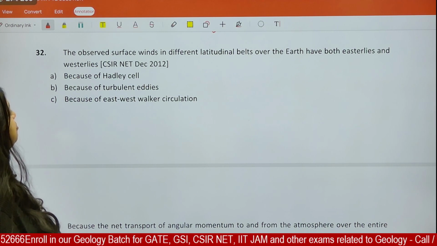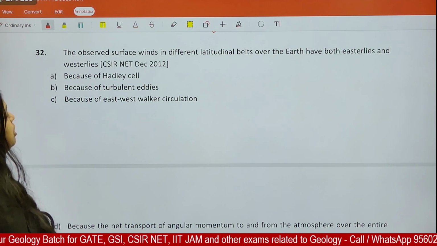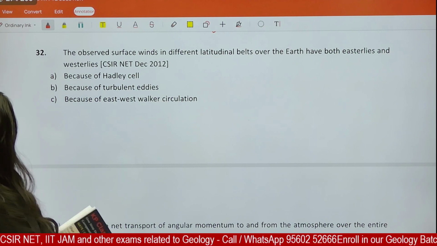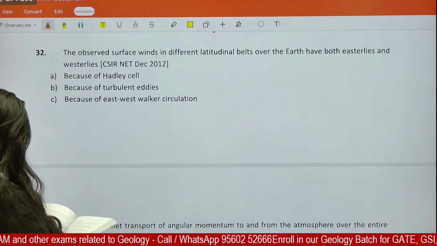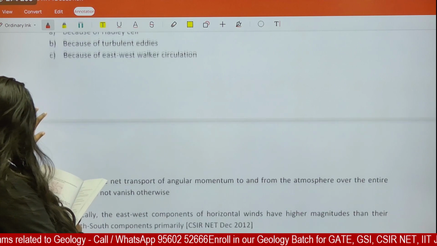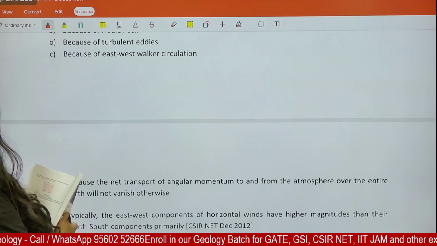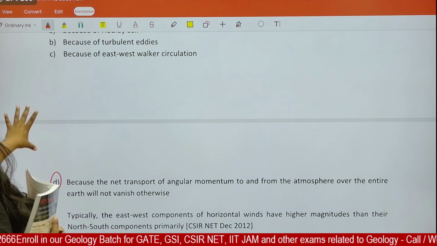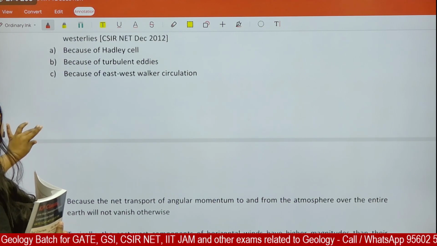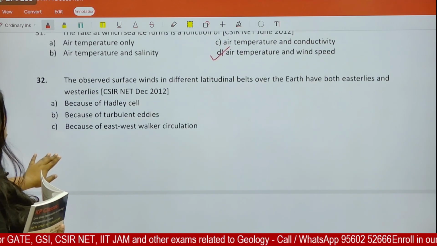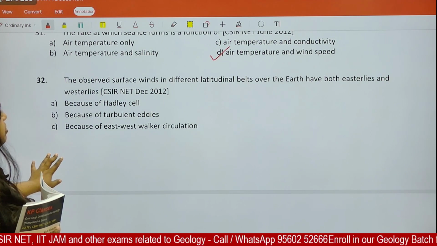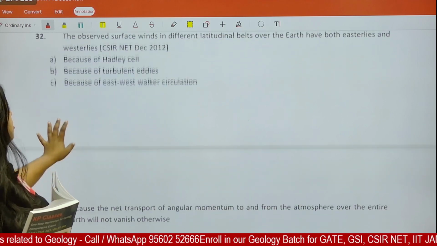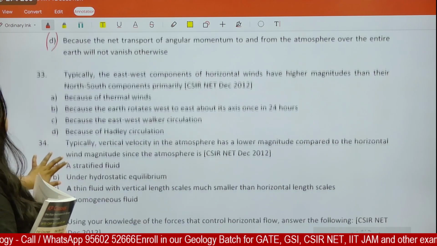The observed surface winds in different latitudinal belts over Earth have both easterlies and westerlies, because the net transport of angular momentum to and from the atmosphere over the entire Earth will not vanish otherwise.